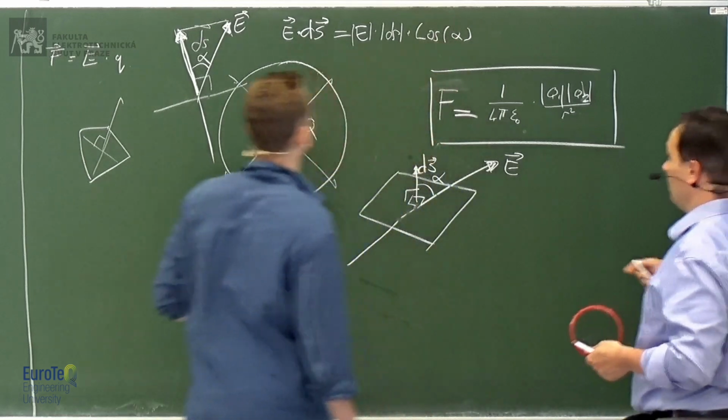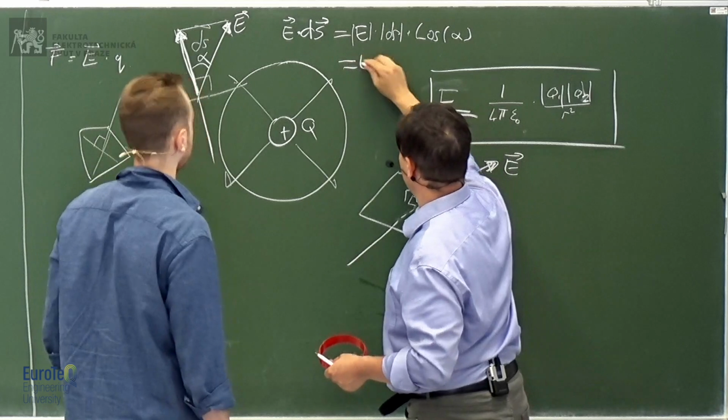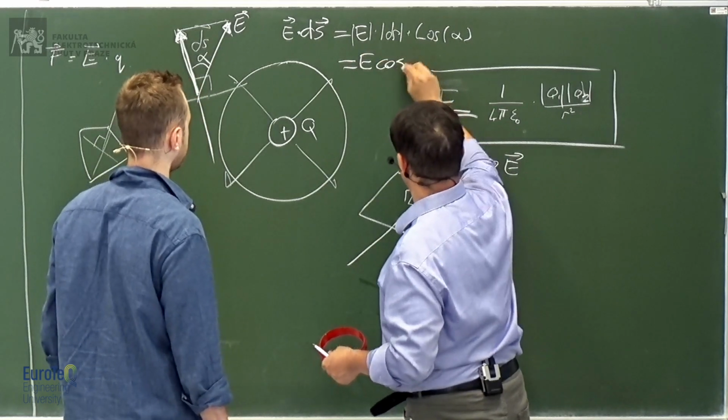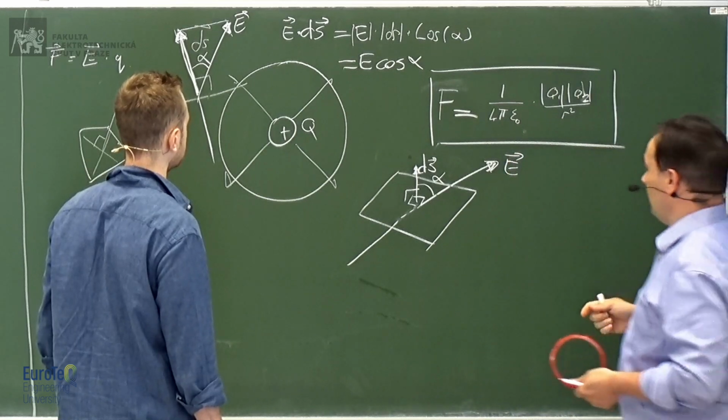So you have E cos alpha, because ds is a unit vector, which is 1.